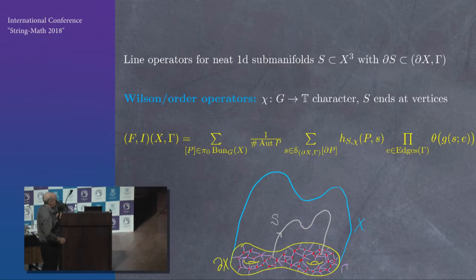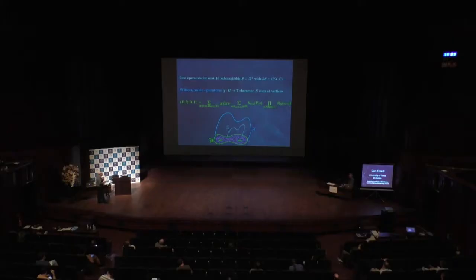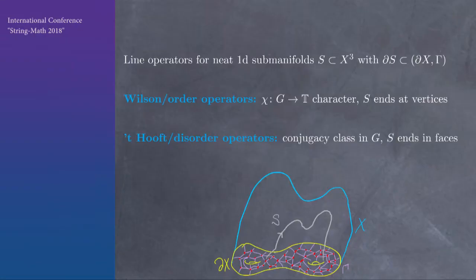And if it ends on vertices, we can write down the Wilson operator. And if we do that, what we're getting is essentially the order operator in the topological theory. So the order operator in the Ising model becomes the Wilson operator in the gauge theory. And similarly, the 't Hooft operator becomes a disorder operator. And for that, the loop has to end in a face.